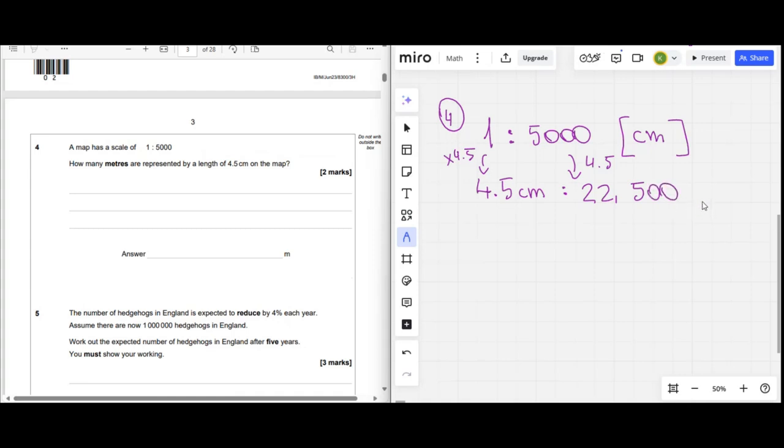Yes. But it is in centimeters. And to go to meters, we need to divide that by 100. Yes. Because 100 centimeters is 1 meter. So 225 meters is an answer.